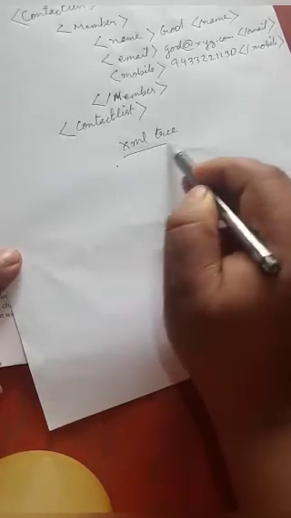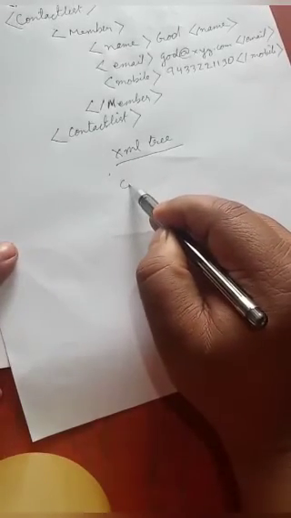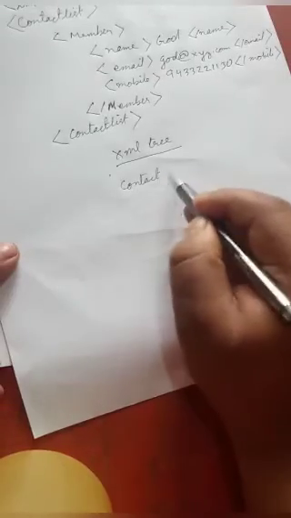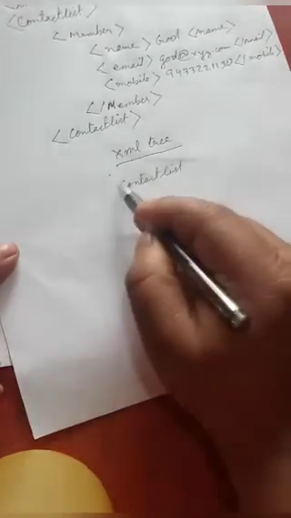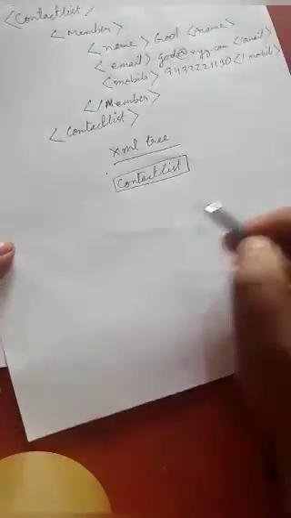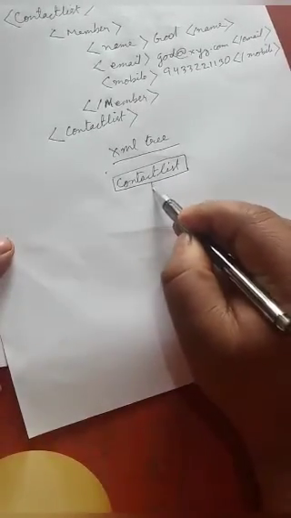Okay, now let us come to the XML tree. Watching the same thing, we can create the XML tree. First we write the root element. What is the root element? Contact list. You just create a box in this part and then follow to this box.